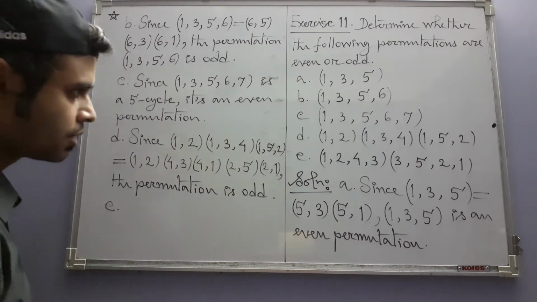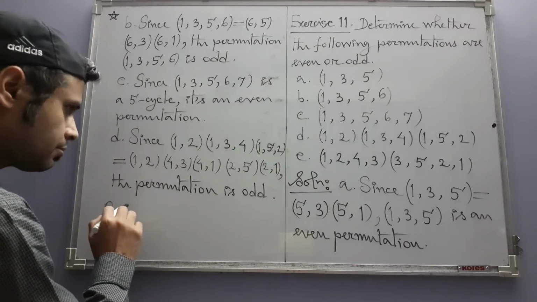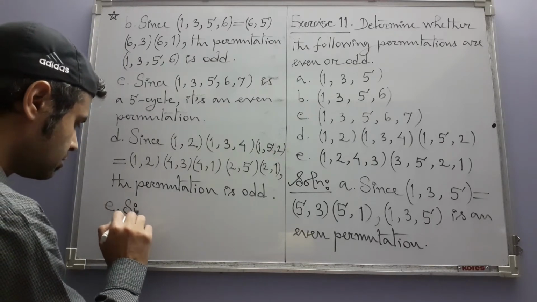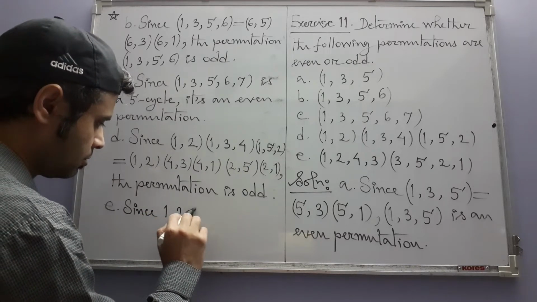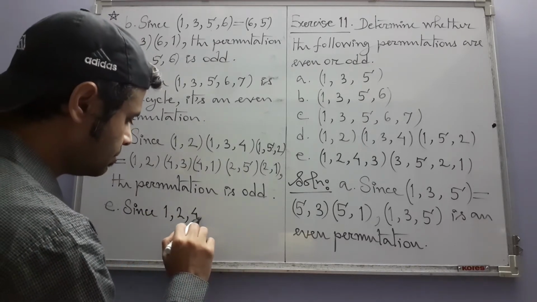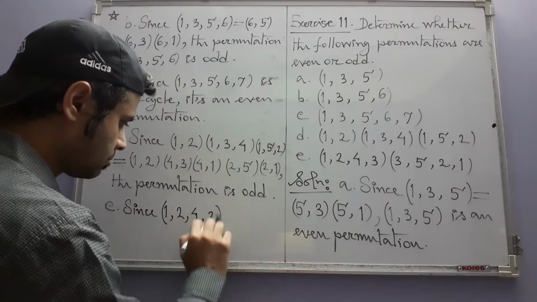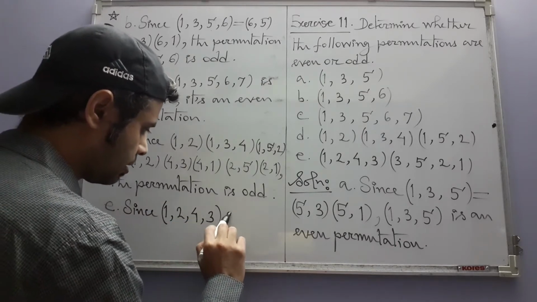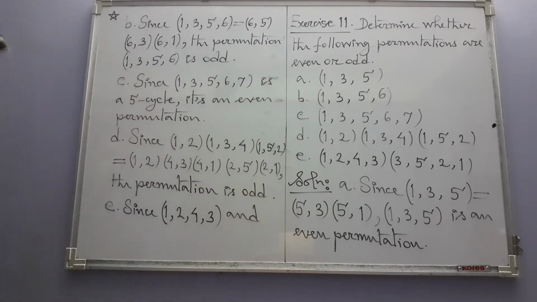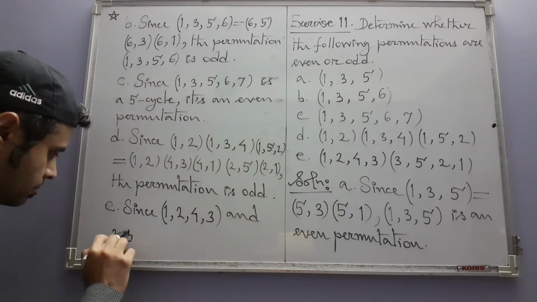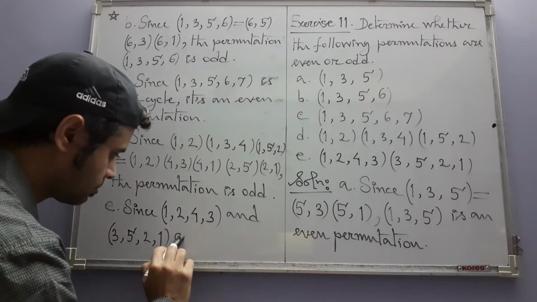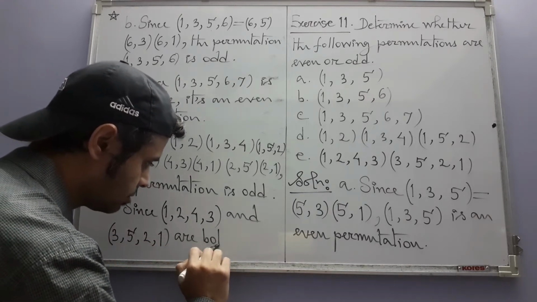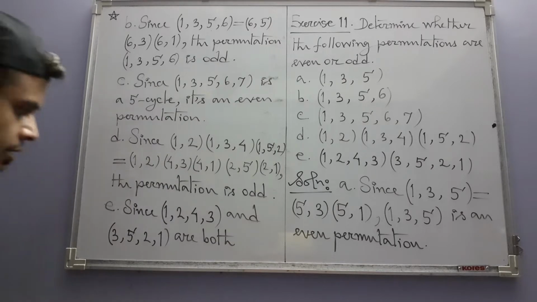So for the next one we don't do anything, we write like this, since (1 2 4 3) and (3 5 2 1) are both 4 cycles.